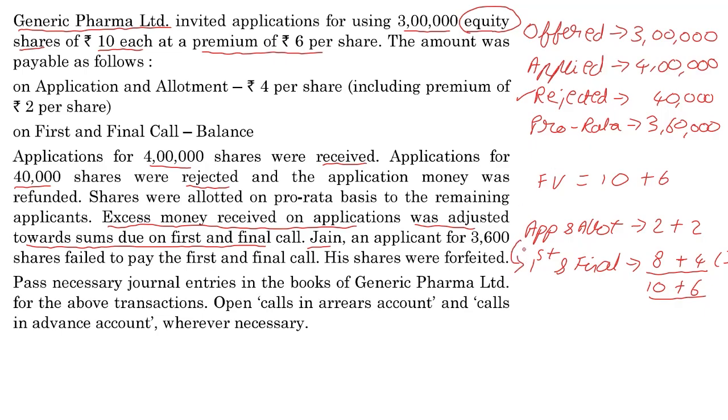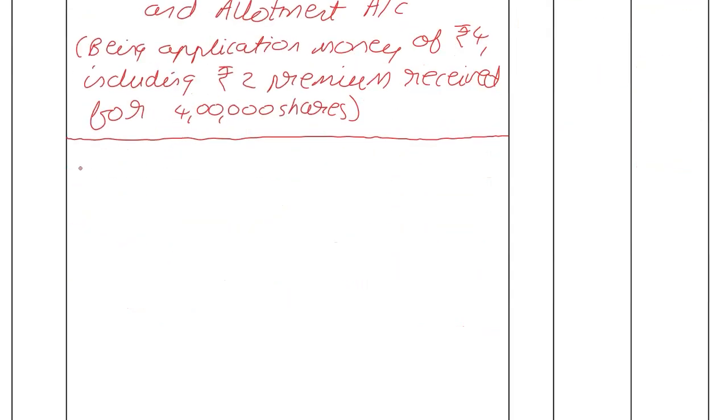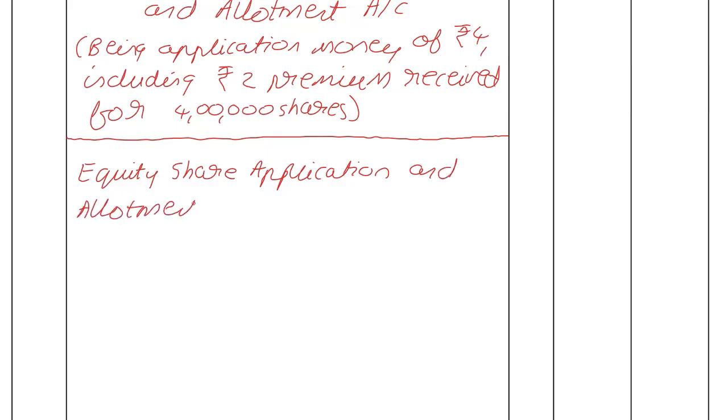But until we make the call, until we ask them to pay, we have to keep it somewhere. And that account where we put it is called the calls in advance. Because there is an adjustment, I'm taking the money out of the equity share application and allotment account. How much? Full 16 lakhs. Equity share application and allotment account debit.